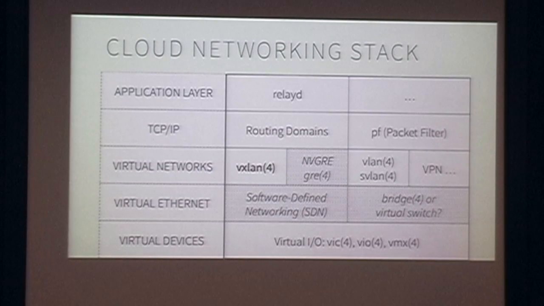roughly put into layers here. These are different areas we are working on and we're trying to improve. So on the virtual side, when we run in a virtual machine, we have some network interfaces. And in these network interfaces, I started the VIC driver, which is basically for VMware, the VMXNet version 2 network interface.